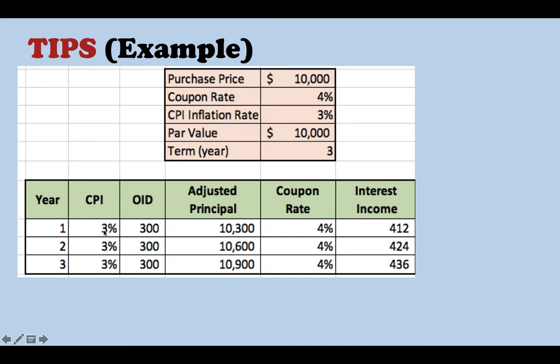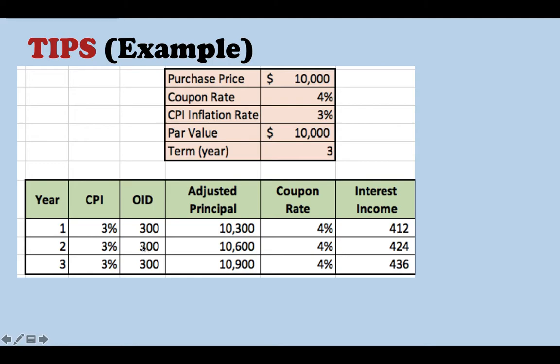So this is going to be used to adjust your principal. Your principal is adjusted by adding the OID to the principal. For the first year, the adjusted principal is the original price you bought, 10,000, plus the 300.